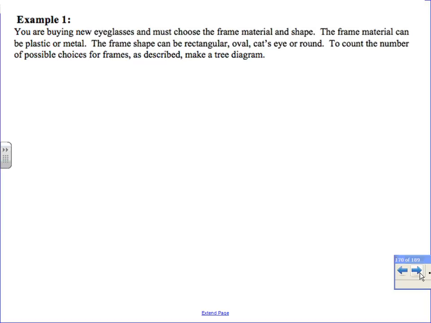What should go at the top of our tree diagram? So what 2 words should go at the top? Matt? Nope. You want to be specific. Good. Plastic, metal. So there's our options for frames. What goes underneath each frame?